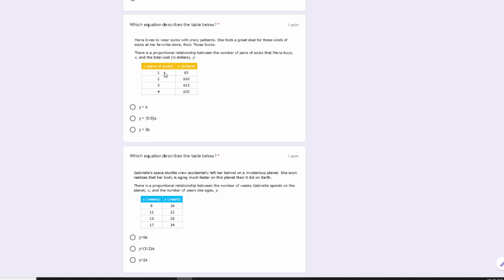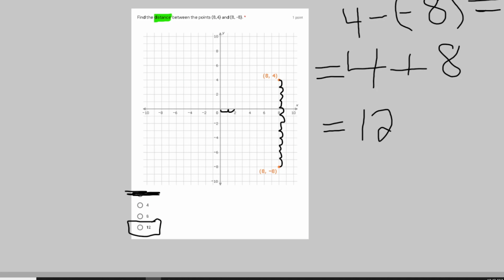In each case, it looks like the price of the socks is 5 times however many pairs there are. And that makes sense, right? If you're paying $5 for one pair, 2 pairs is going to be twice the price, and so on. So we're multiplying whatever x is by 5, and this will give us our y.